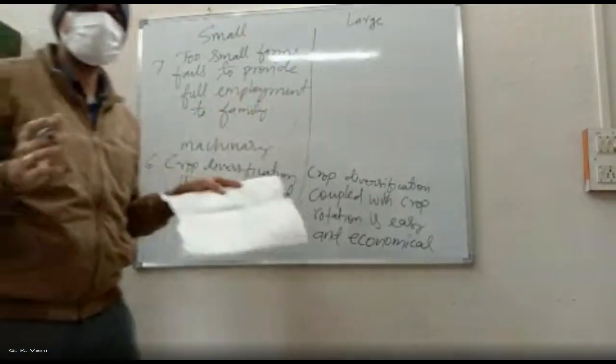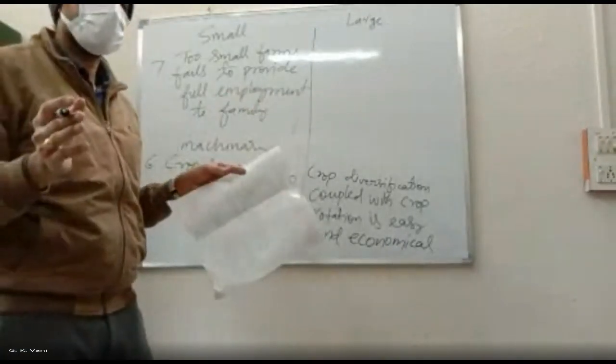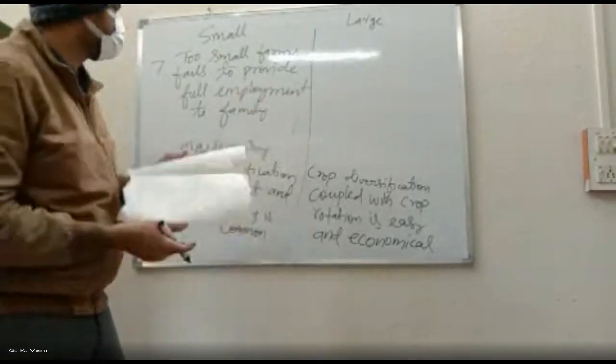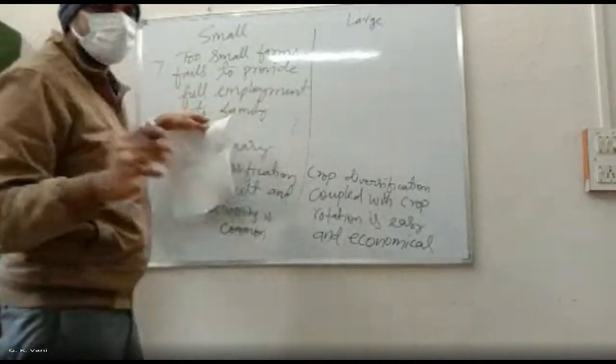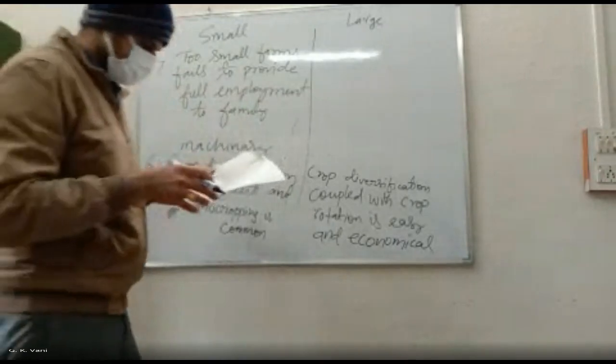Because this farm is too small. If a family of 14, 15 people is there, what could they do on such a small farm? So they can't provide employment to their own family members.